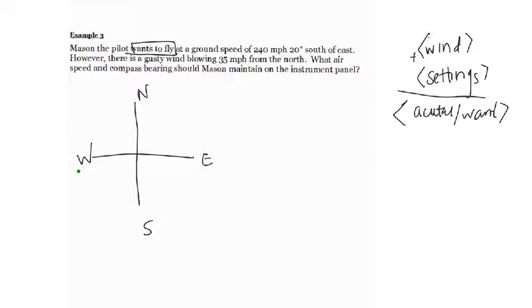So he wants to go, there's a wind blowing from the north, so that means it's pushing directly south, and that's 35. And south of east, so you start east and move towards south. That would be 20 degrees there, and 240 miles per hour.